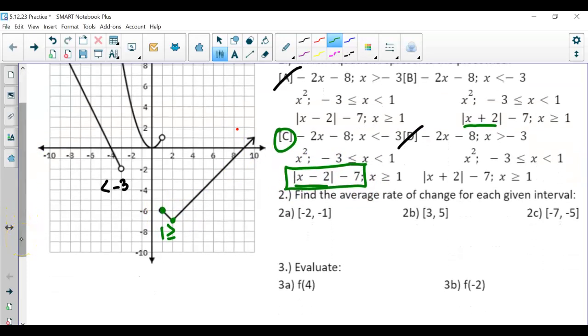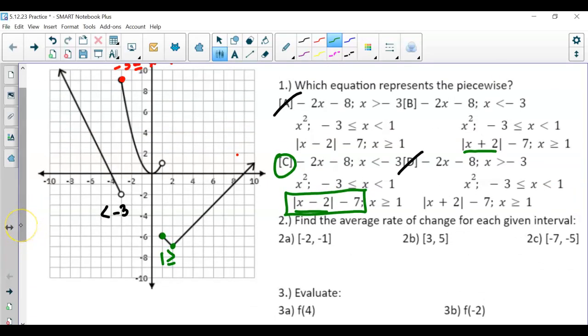Now in number 2, actually, let me keep that. Number 2 is just practicing the average rate of change. Remember, average rate of change is your slope. So I'm looking at the slope over the interval, which is the x's, starting here at -2 and then going to -1. So we're looking at this portion of the graph, from this point to this point.